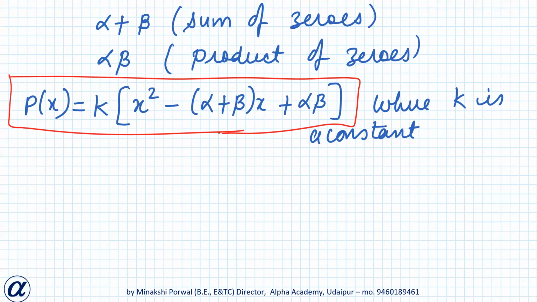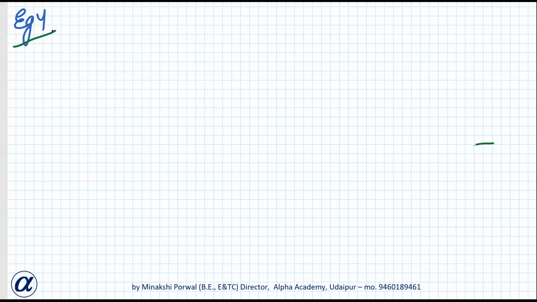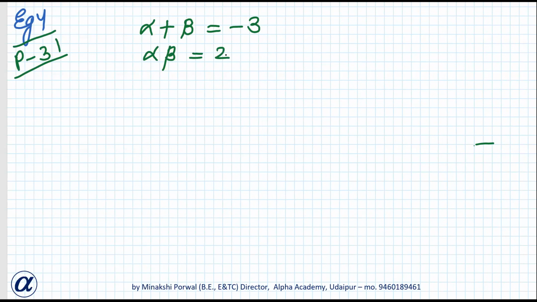So one question I am going to do and show you, then I'll be asking you to solve some other questions. First of all, example 4, page number 31 of NCERT book. Find a quadratic polynomial, the sum and the product of whose zeros are minus 3 and 2. So alpha plus beta is minus 3 and alpha into beta is 2, given respectively.